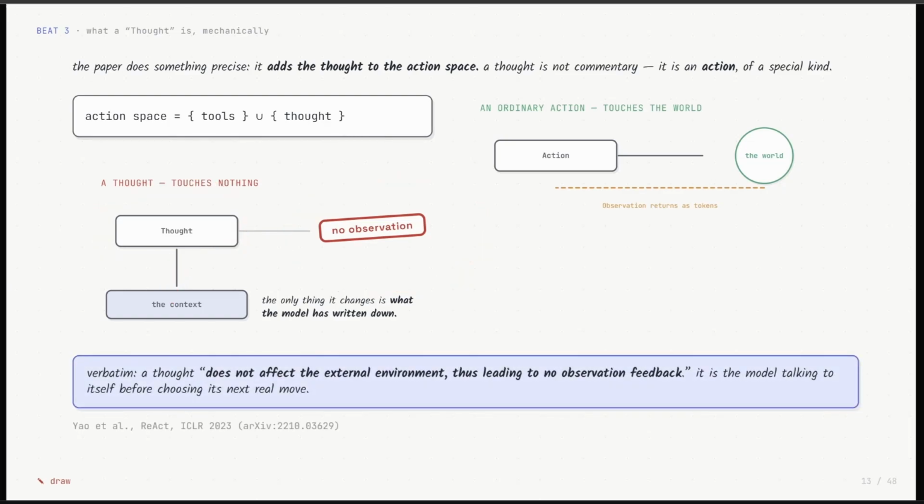So the thought in itself is not a bad thing, but you need to have perspective and understand what the action is here. Basically, this is how we would define it: a thought does not affect the external environment, thus leading to no observation feedback. It's the model talking to itself before choosing its real move. And this is from the ReAct paper that was published at ICLR 2023.